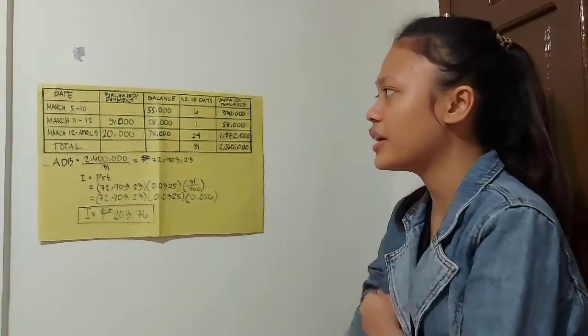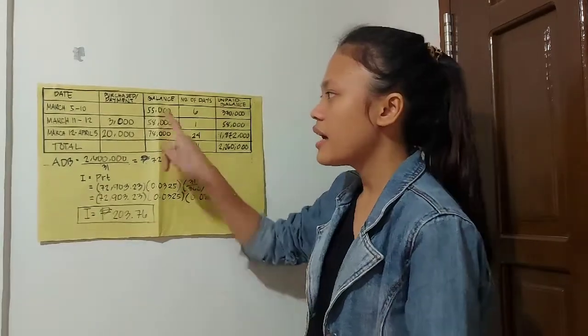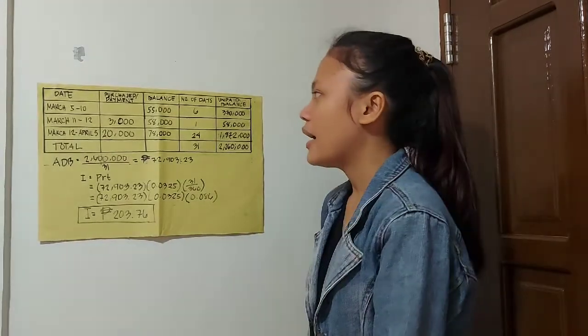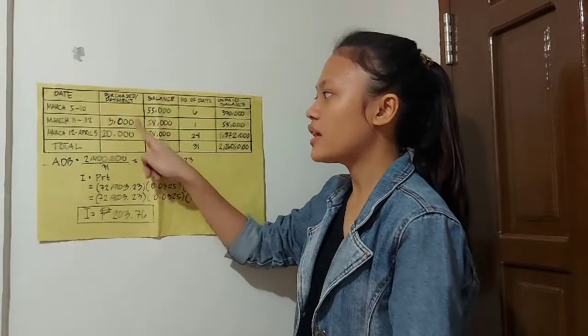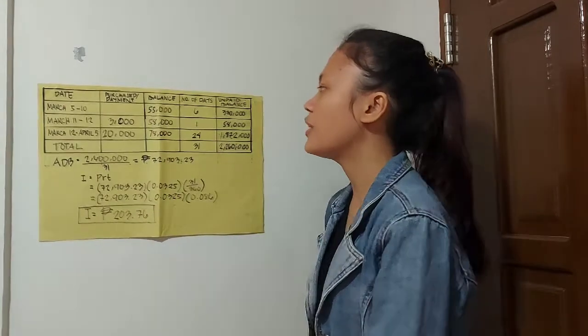So we have here our dates, wherein March 5 to 10, he has a balance of 55,000. Then in March 11 to 12, he bought a bag costing 3,000. We add 55,000 to 3,000 to have the second balance, which is 58,000.